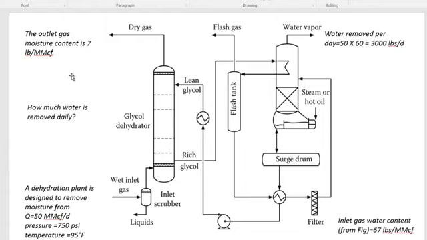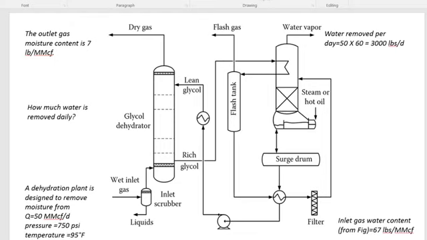Okay, to solve this problem, we must look at the inlet pressure. The inlet pressure is 750 psi. So we must add here 14.7 psi. Okay, so you have pressure and temperature.